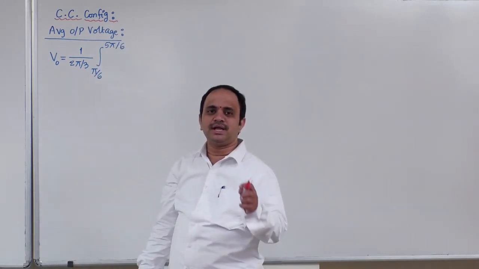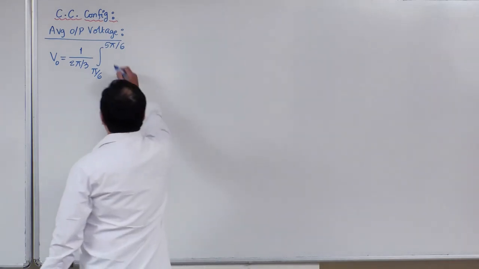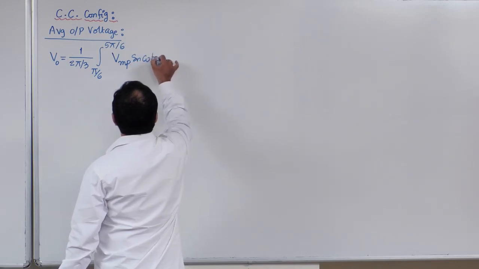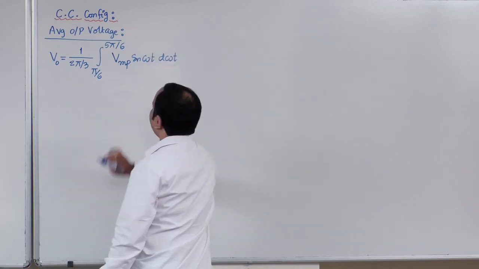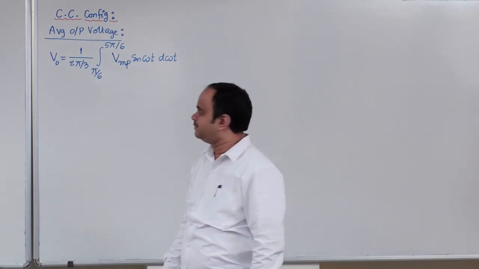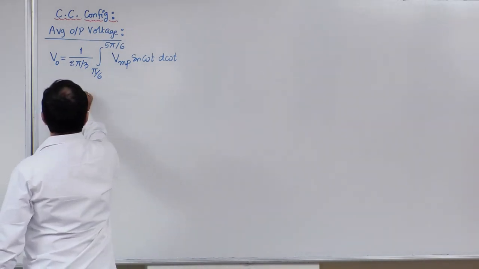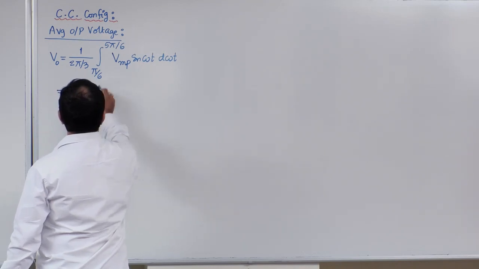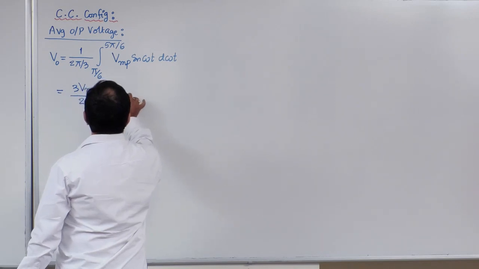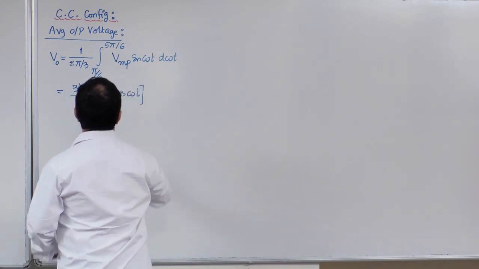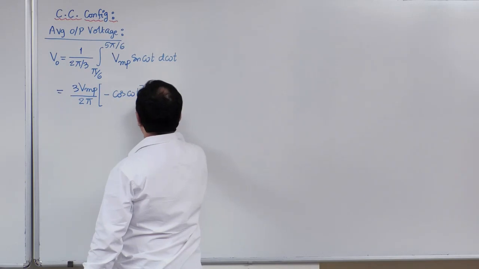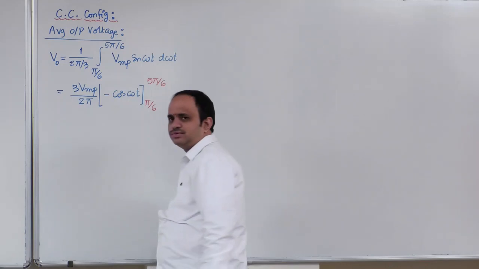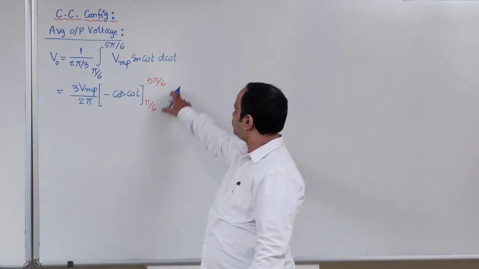We have blue color sinusoidal, that is VAO. What is the equation for VAO? That is VMP sin omega t d omega t. Let us simplify this. 3 VMP divided by 2 pi integration for sin omega t, minus cos omega t, limits pi by 6 to 5 pi by 6, 30 to 150.